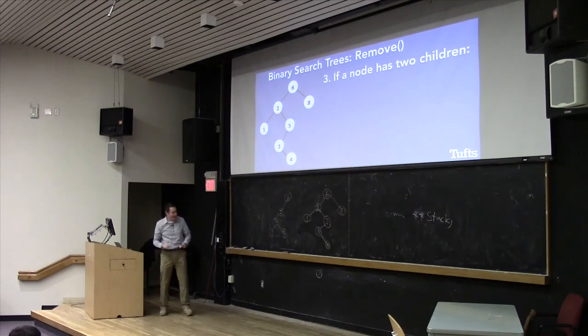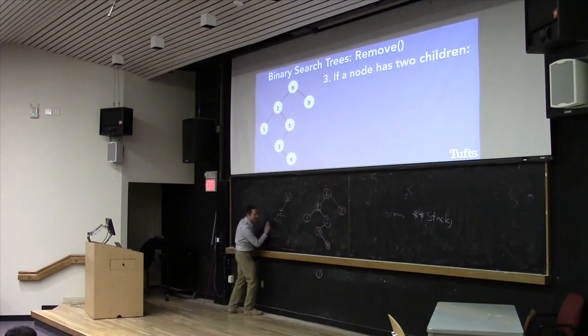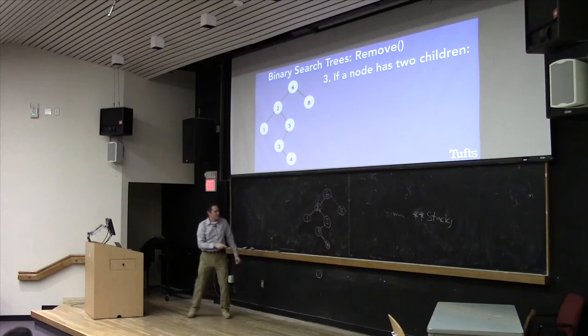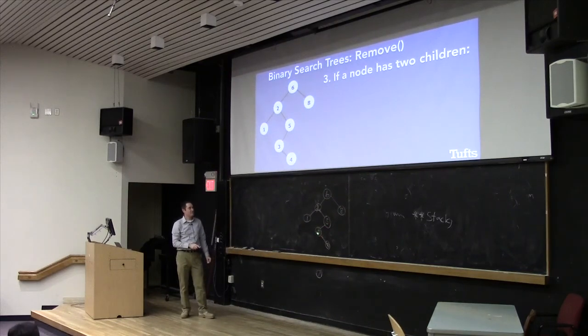So what if, we already established that the node to the left of 5 has to be greater than 1. Yes. So what if you went right and left, and then went until you found a leaf, and took that one and replaced 2 with that? Replace 2 with 4.